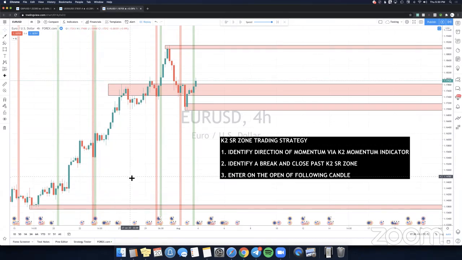There are other things that you can use to identify if it's a pullback or an actual momentum candle. One thing you can do is use the pivots indicator, which is going to direct you towards the direction of the trend. So obviously if price is trending up and you have a K2 momentum signal in the opposite direction, then this would be considered a retracement.